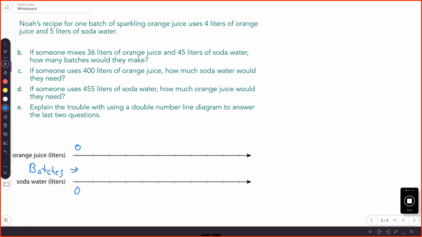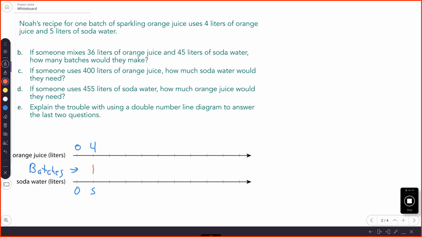All right. So the first batch, of course, is 4 liters of orange juice and 5 liters of soda water. That makes 1 batch.